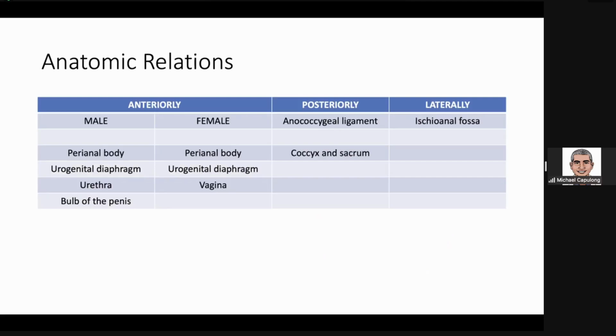Pelvic structures that are closely related to the anal canal are basically the same, except for the difference of the reproductive organs in the male and the female. Anteriorly, the vagina of the female is closely related to the anal canal, whereas the urethra and the bulb of the penis are associated for the males.